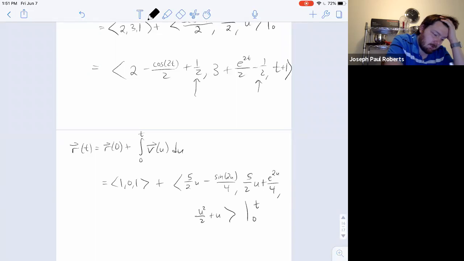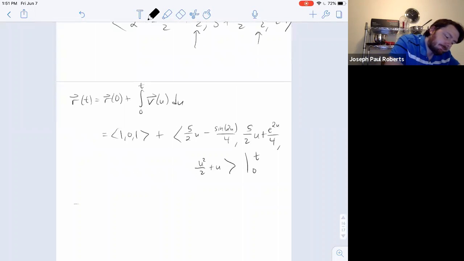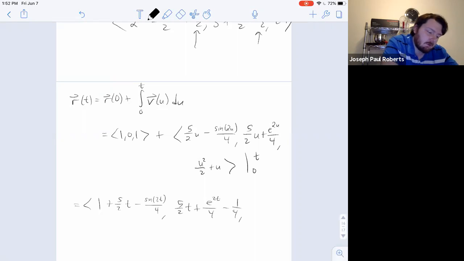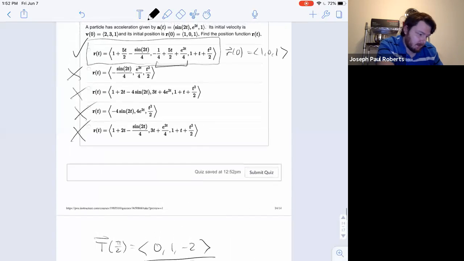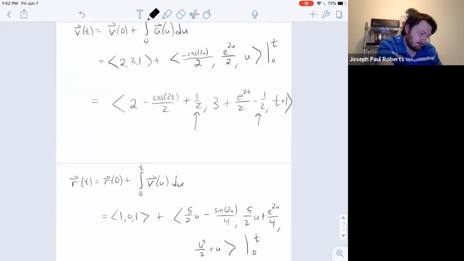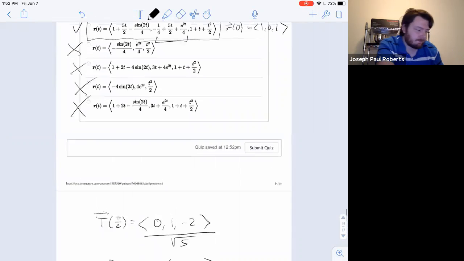Evaluate that between 0 and t. And so you'll get 1 plus 5 halves t minus sine 2t over 4, 5 halves t plus e to the 2t over 4 minus a fourth. Be careful, e to the 0 is 1. And then finally 1 plus t squared over 2 plus t. And presumably that's, well, hopefully I didn't mess up. Yep, that's correct.